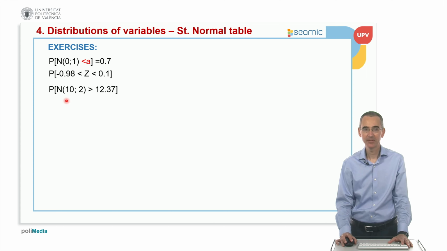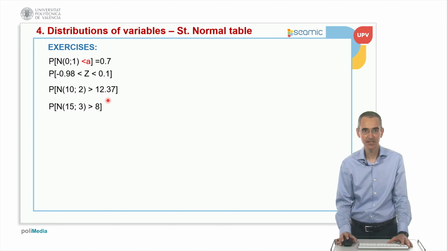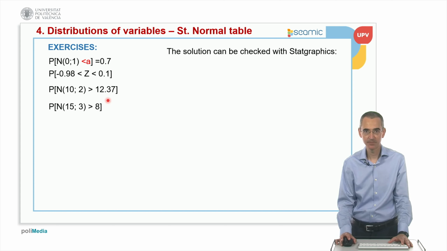Or the probability that a normal distribution with an average of 10 and a standard deviation of 2 is bigger than 12.37. I'm using values with decimals because in problems it's very often that the values were computed with decimals.